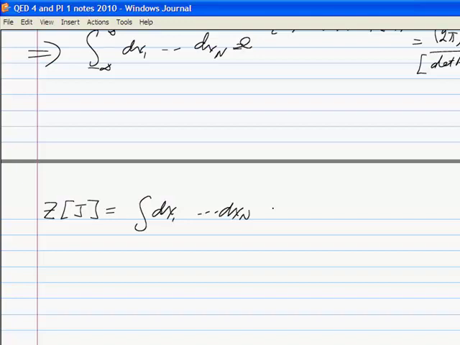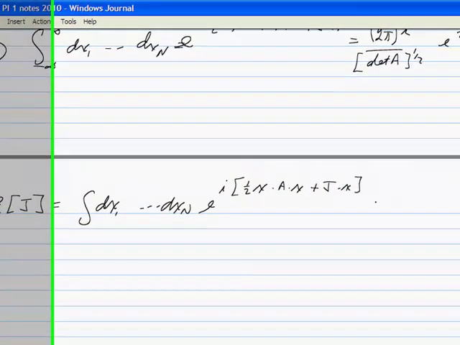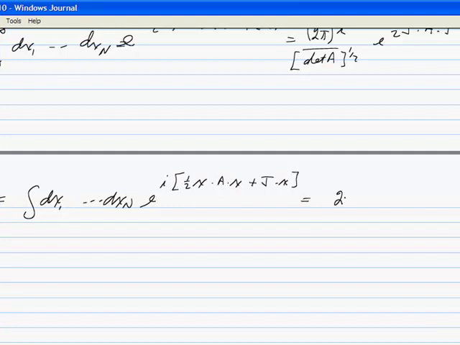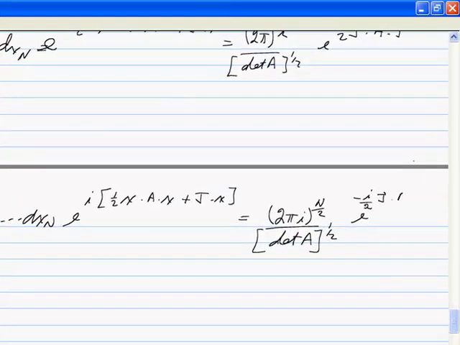And now I'm just going to put those factors of i back in the same way I did before. e to the i, 1/2 x dot A dot x plus j dot x equals 2 pi i to the n over 2, determinant of A to the 1/2, e to the minus i over 2 j dot A^{-1} j.